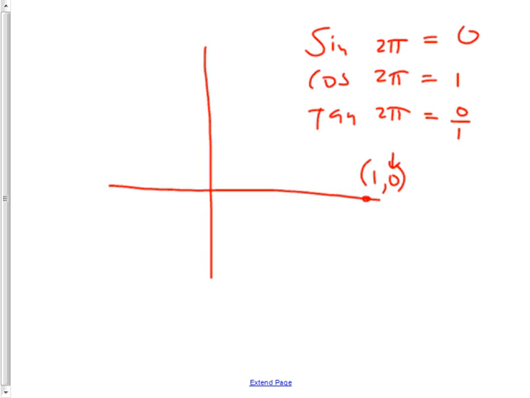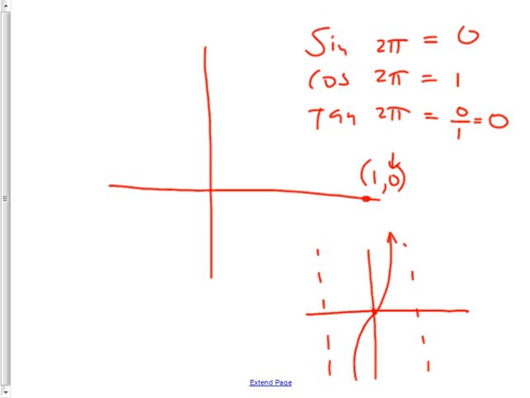Yes. You just don't want 0 on the bottom. 0 over 1 is okay. It's equal to 0. So tangent is just 0 at 0 degrees. If you remember the picture I drew of tangent, you see why it's 0 at 0 degrees? It hits 0, 0 on the graph.